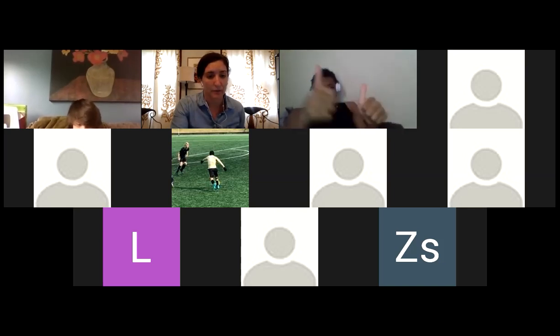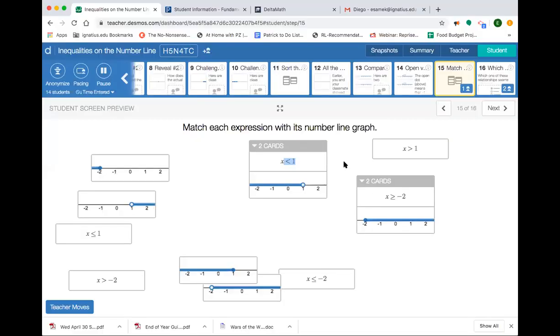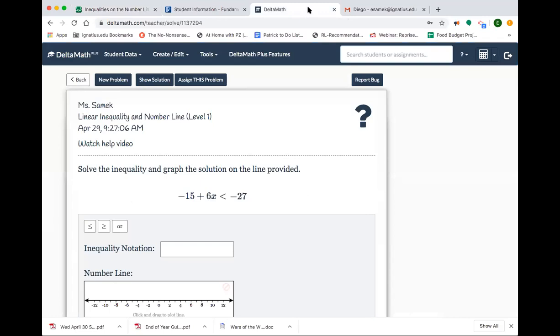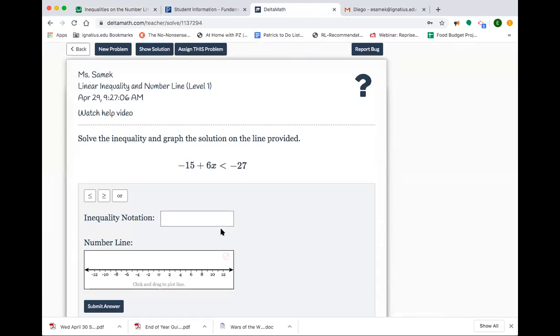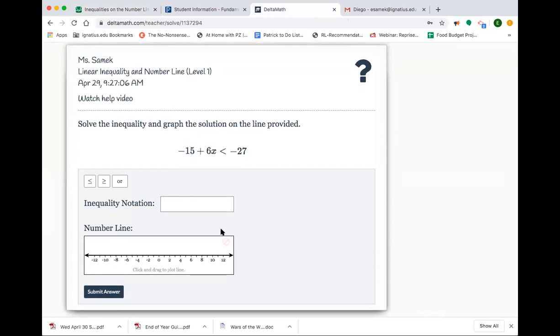But for those of you who are still going to do it, this will be helpful for you to understand how to use that feature. So here's my Delta Math problem. And unfortunately, I can't write on my computer screen. I should have pulled this up on my iPad.